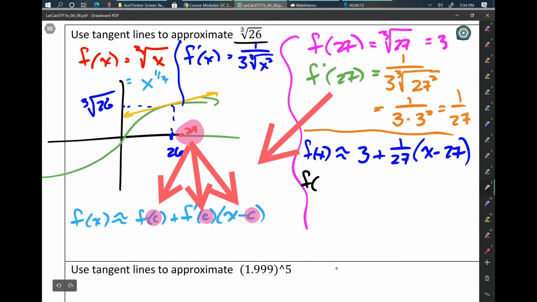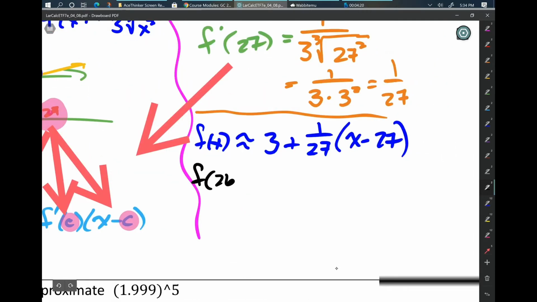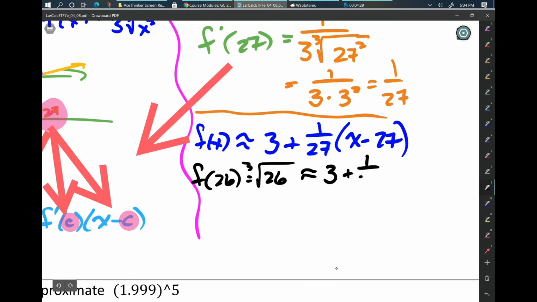So f of 26, which is the cube root of 26, is approximately 3 plus 1 over 27 times 26 minus 27, which is approximately 3 minus 1/27.